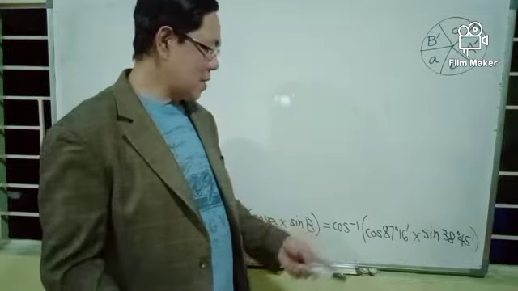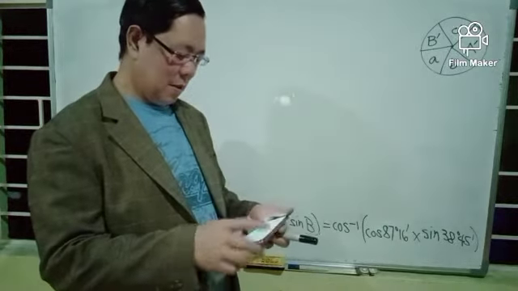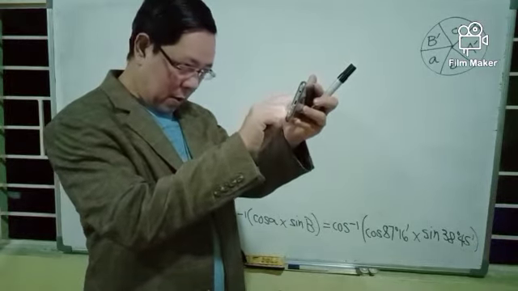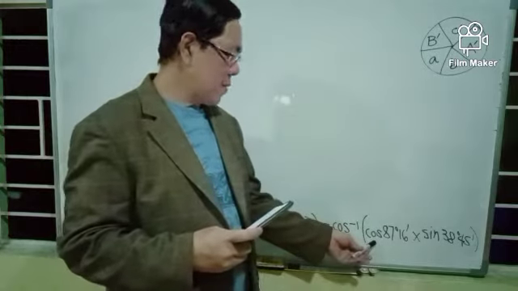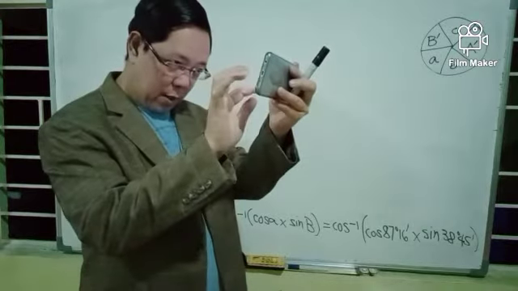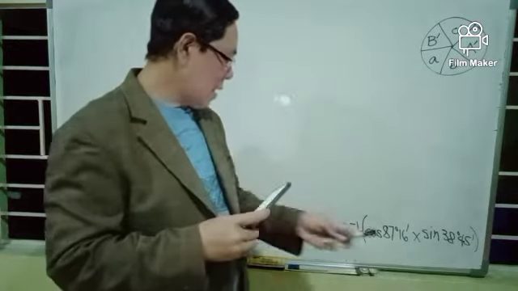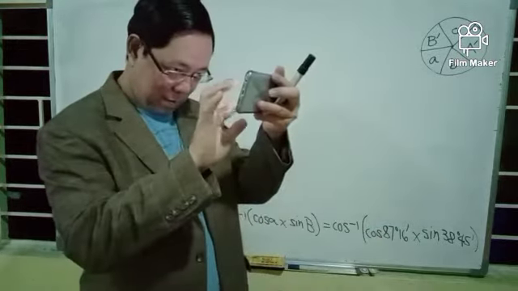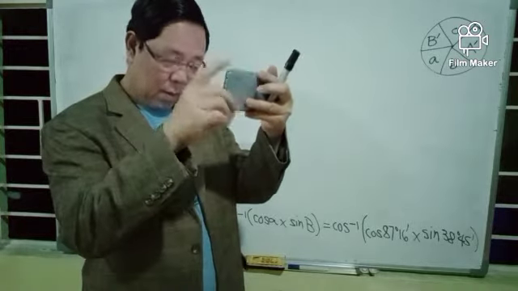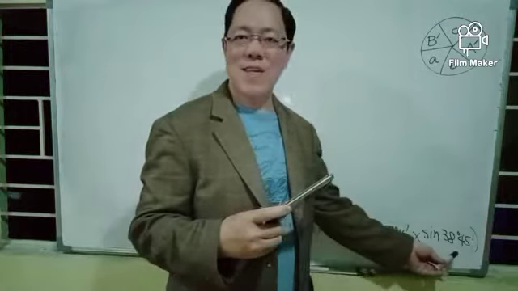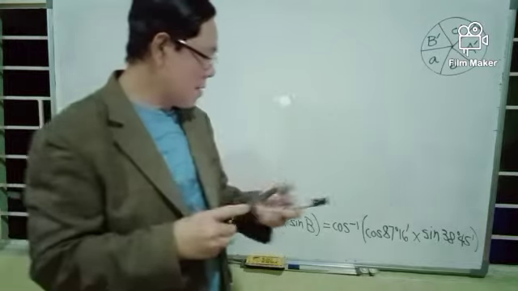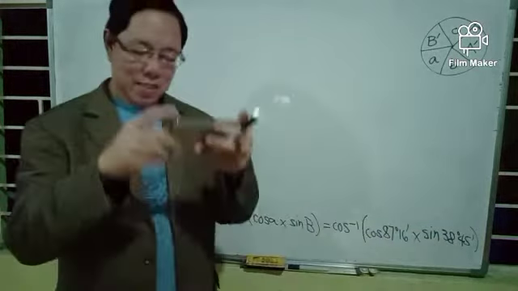We now compute the value of the surface angle A using our scientific calculator. We write shift cosine of cosine of 87 degrees 16 minutes multiplied by sine of 38 degrees 45 minutes.